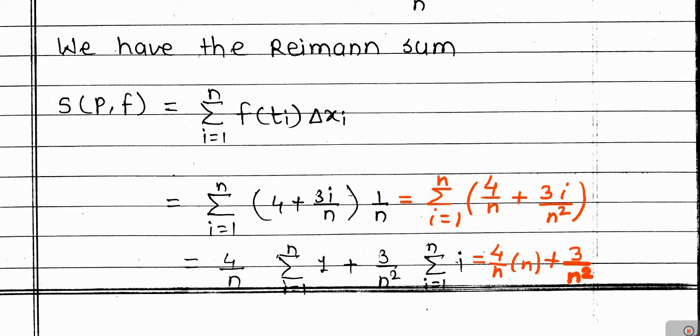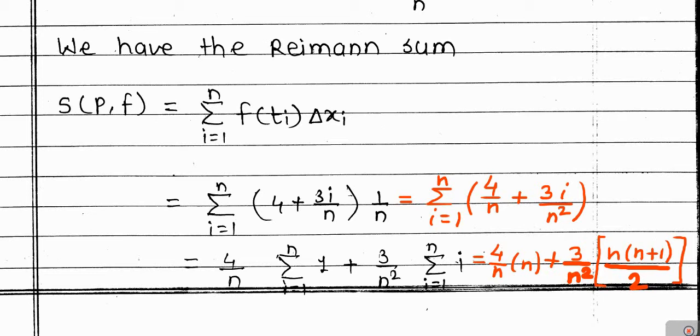We know this is the sum of the first n natural numbers, and from sequences and series, this summation is equal to n into n plus 1 divided by 2.